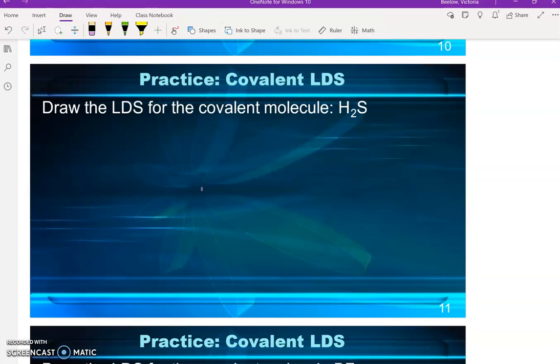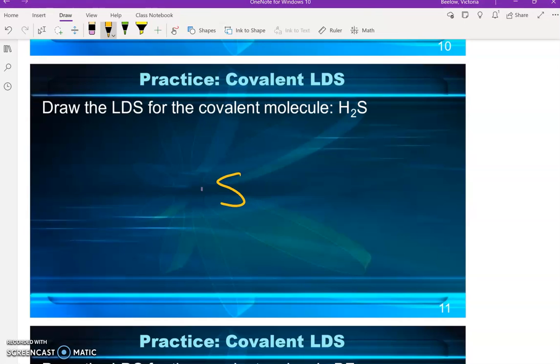Now, unlike ionic Lewis dot structures where it didn't matter where we were drawing those, when we're setting up our covalent Lewis dot structures, we want to think about where we're putting these elements. So if you ever have a single element, like we have sulfur right here, you want to put that in the middle.